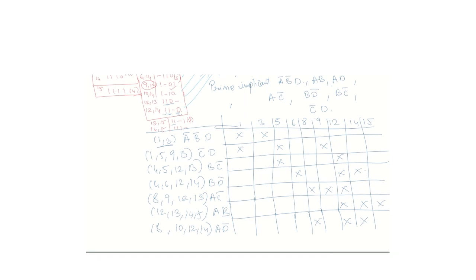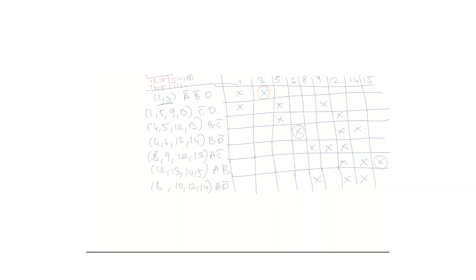Okay, so now let's find, all the columns which have only one cross are your essential prime implicants. So this is one cross, this is one cross, and this is one cross. So you got your 3 essential prime implicants. You can write that down.